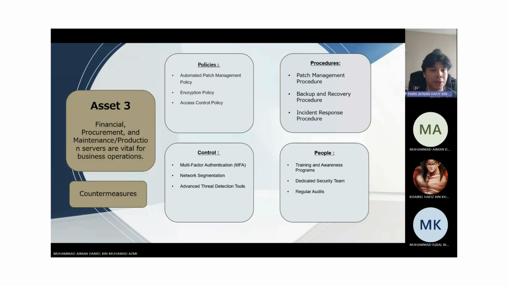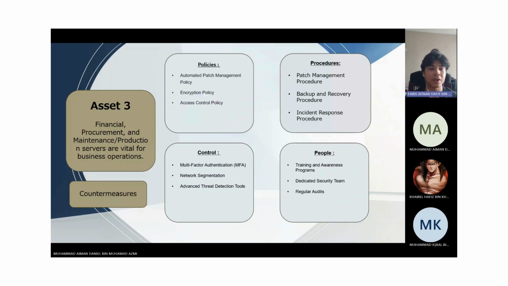We will also put in place the following controls. Multi-factor authentication. This enforces additional layers of security for access. Next is network segmentation, which limits the spread of potential breaches by isolating critical systems. And lastly, advanced threat detection tools. You should utilize technology to quickly identify and mitigate threats.